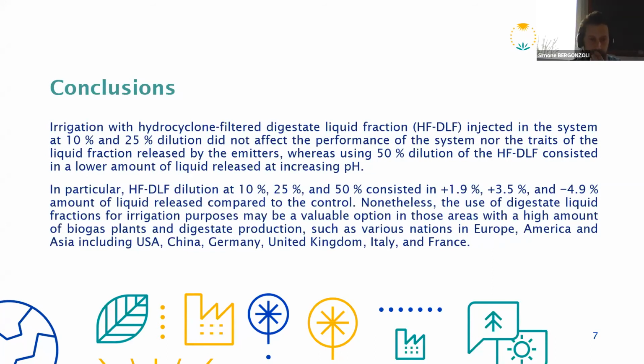In particular, using the 10% and 25% dilutions consisted in an increase of 1.9% and 3.5% of liquid release, but using the 50% dilution consisted in minus 5% of liquid emitted. But this experiment was a first approach.